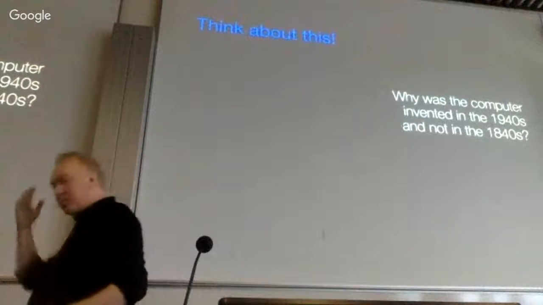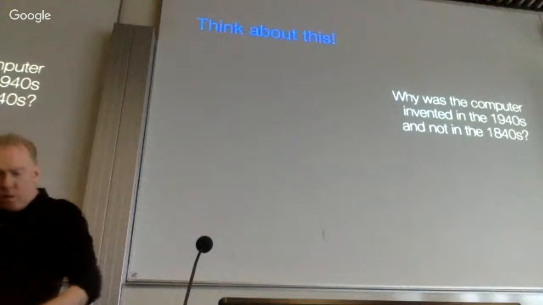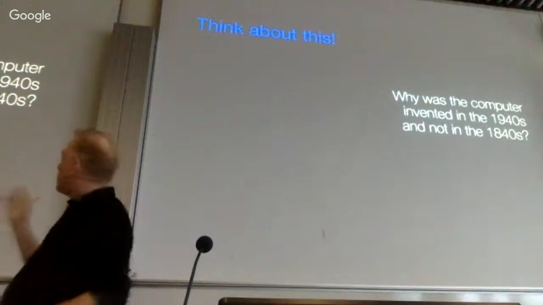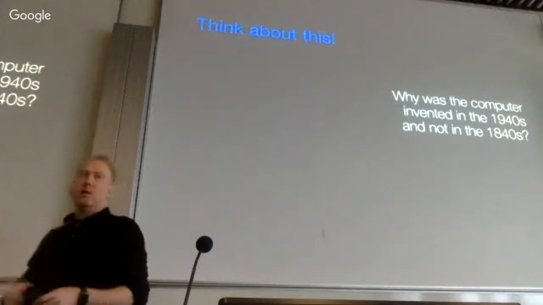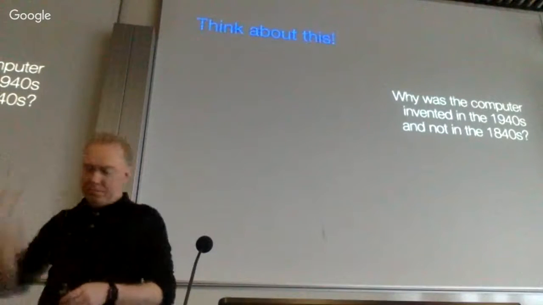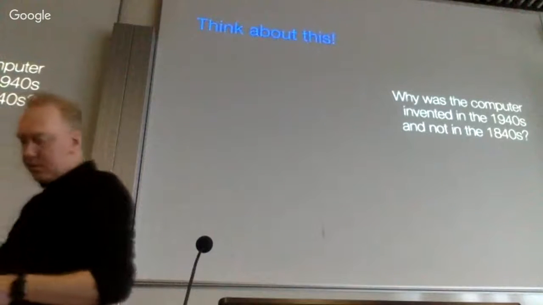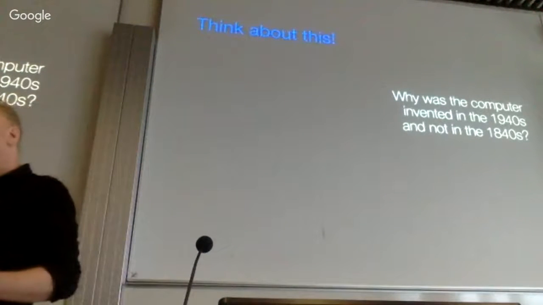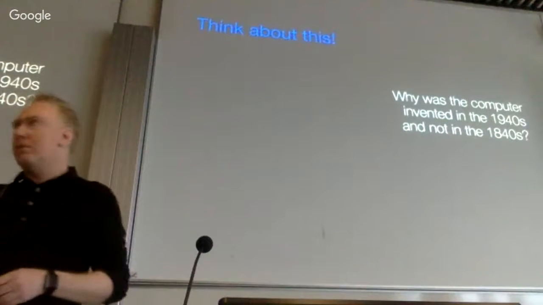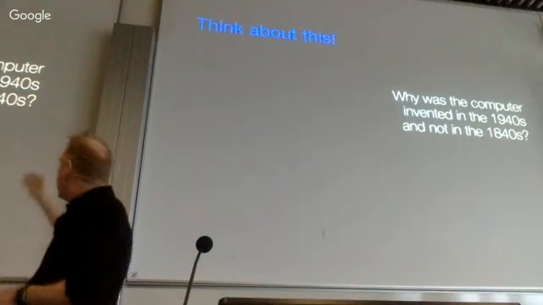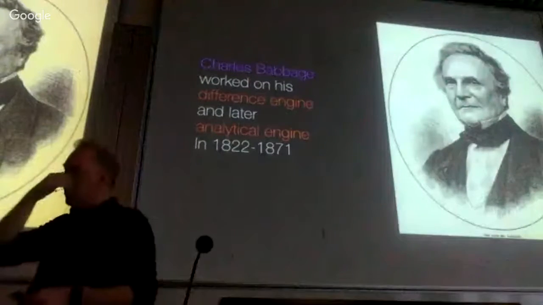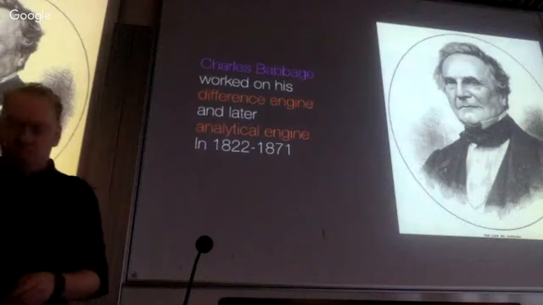And then we can wonder, why was the computer invented in the 1940s and not the 1840s? It was invented in 1940 something, during the wartime, 39 plus. But this guy, you know this story, at least the computer science students.